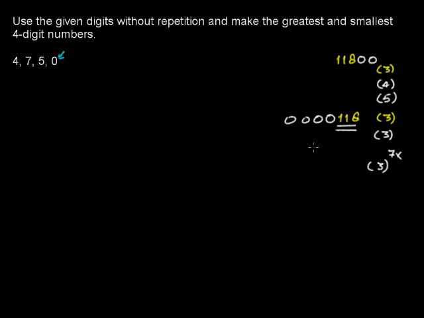Same thing you have to apply here in this question. For the greatest number, no change, as we saw in the previous question, first arrange these digits in descending order.